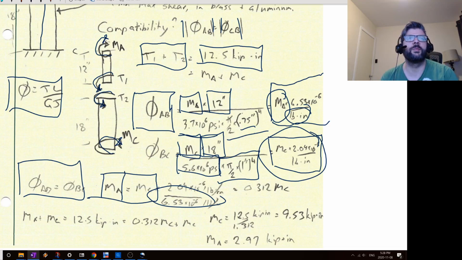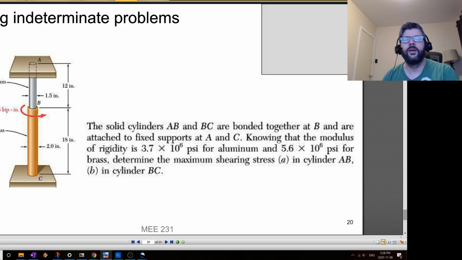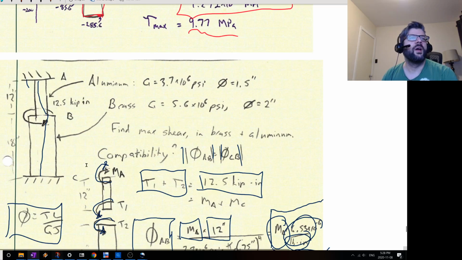So MA is the smaller of the two, which should not be surprising to anyone, because it's thinner and it is less stiff. So it is going to be resisting the rotation less.